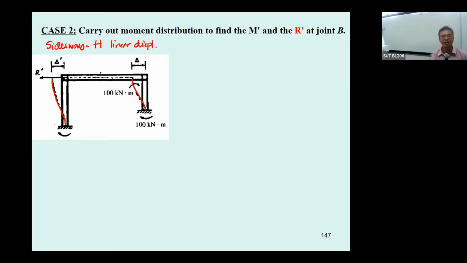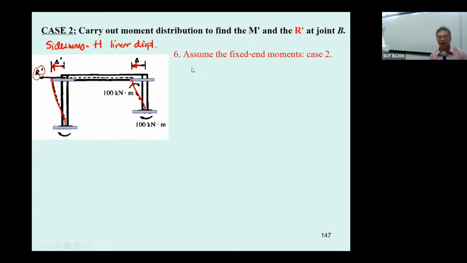You can see the direction of this one will follow the force R, even though we don't know it. Even though you put the R over here, you cannot solve it, so you have to assume the fixed end moment.